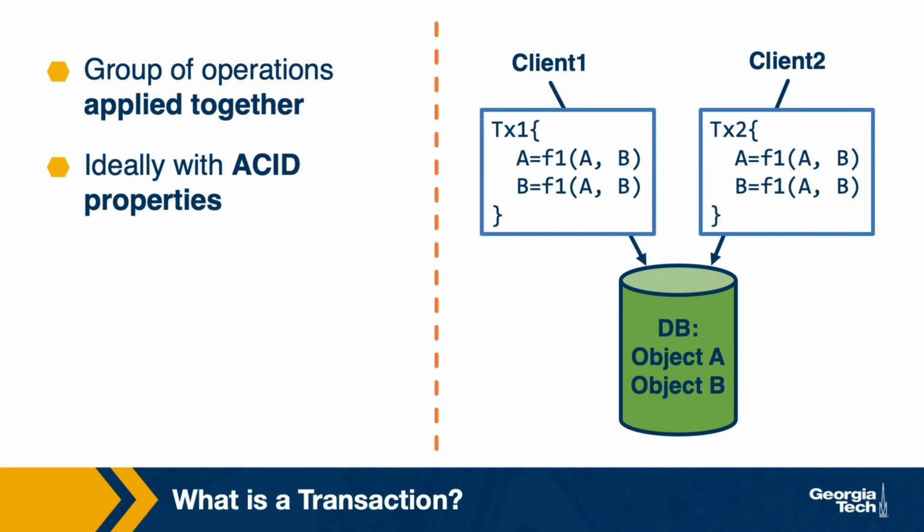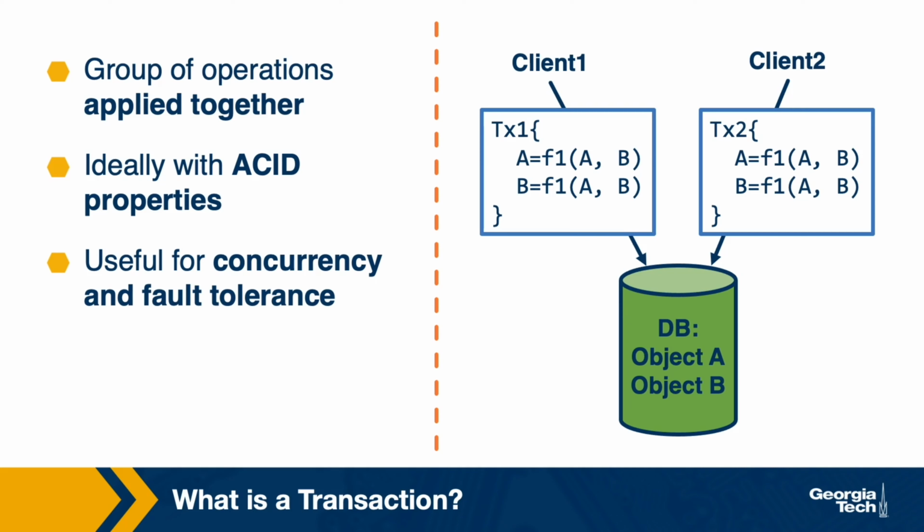But it is not allowed for, say, transaction 2 to compute f1 with inputs that correspond to the updated value of A based on what tx1 did, but with the old value of B. What that means is that the updates that were made within transaction 1 cannot become partially visible to the rest of the system. Or if transaction 1 crashes, its updates cannot be just partially reflected in the database.